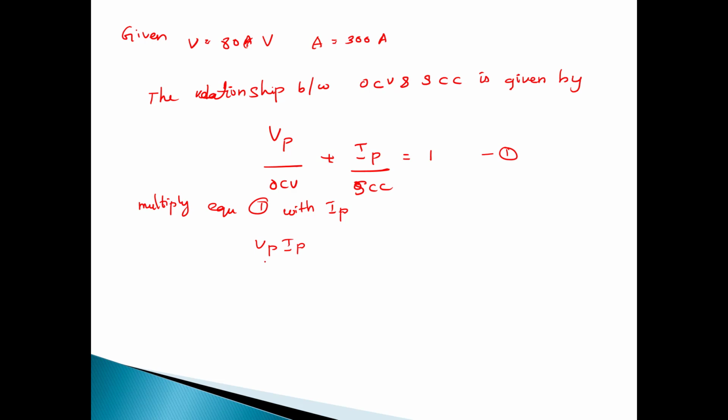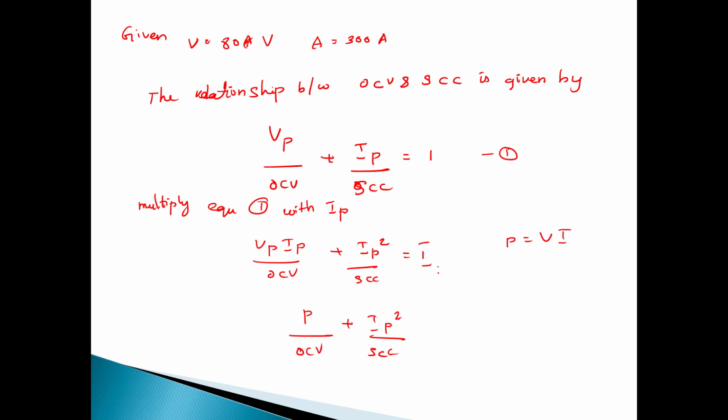So VI divided by OCV plus I squared divided by SCC equals I. We know that P equals V into I. So this can be written as P divided by OCV plus I squared divided by SCC.